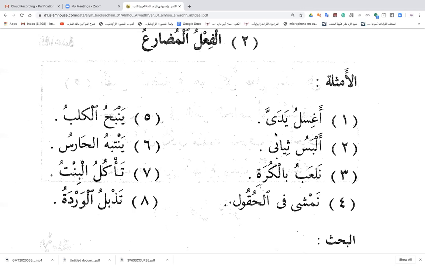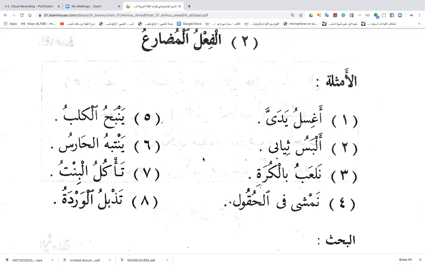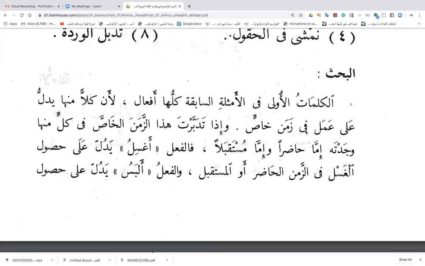So you can see here, I, we, he, she. He's just giving you a few examples of الفعل المضارع. He says: الكلمات الأولى في الأمثلة السابقة, the first words in the previous examples, كلها أفعال.